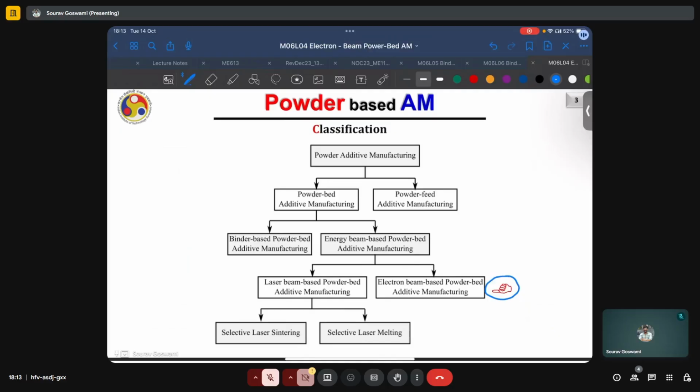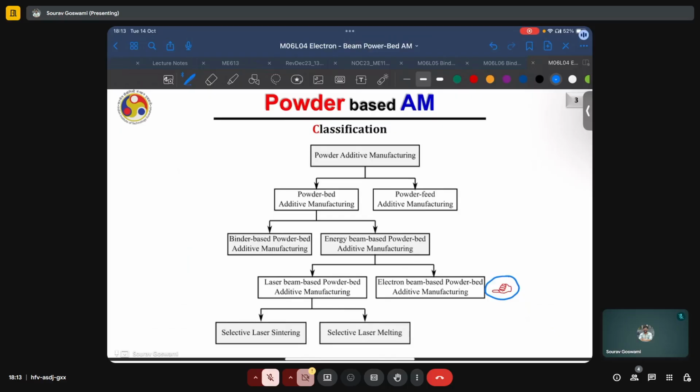In the case of selective laser sintering, the powder particles are fused together by a sintering process, which is actually a solid state process controlled by diffusion of atoms across the powder particles. Typically, the temperatures which are achieved are between 50% of melting temperature to just till the melting temperature, but never quite achieving or exceeding it.